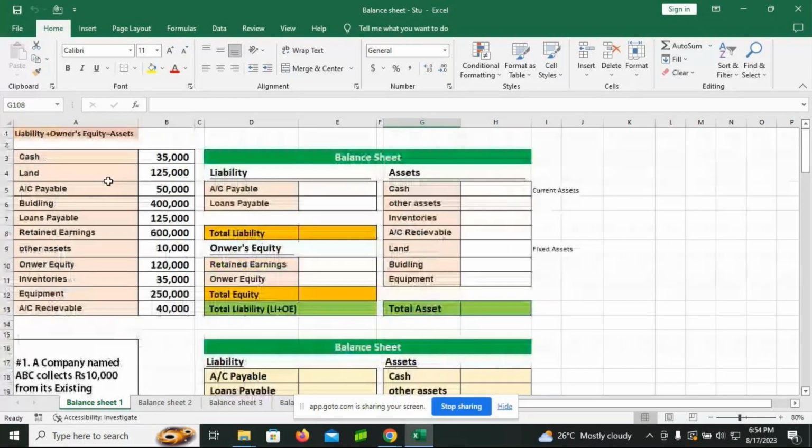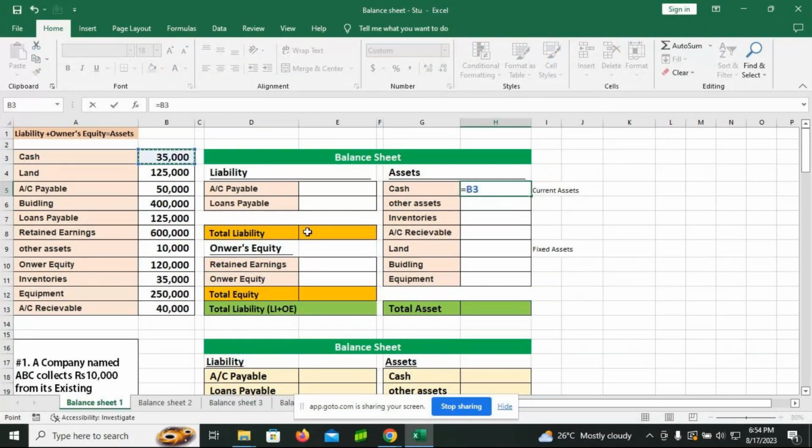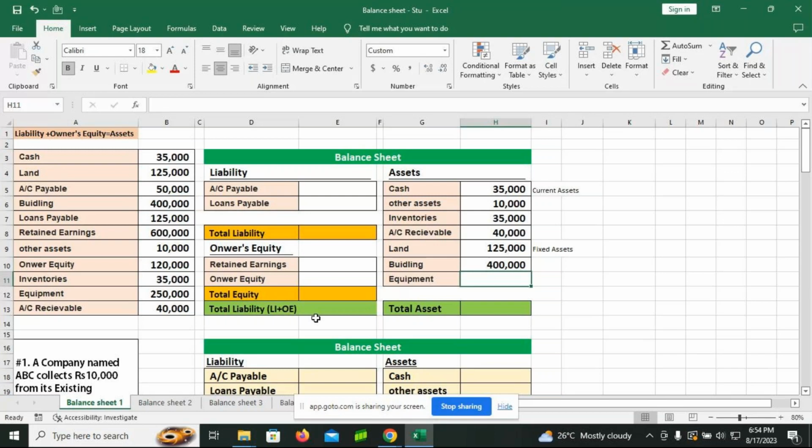Okay, so here cash, it will be 35,000. Other assets 10,000. Then inventories 35,000. Account receivable 40,000. Land 1,25,000. Building 4 lakh. Equipment, it will be 2,50,000.